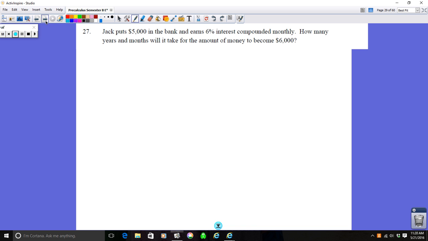27. Jack's putting $5,000 into the bank and he's earning 6% compounded monthly. Okay, so the compound interest formula is again given to you on the front. So it's A of t equals P times 1 plus r over n to the power of n times t.